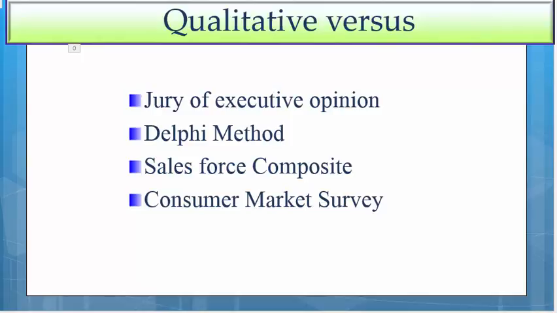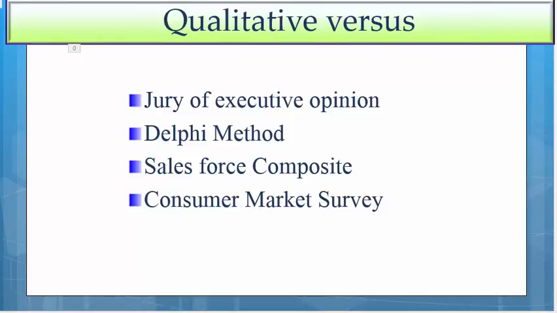So let's start out with the jury of executive opinion. The jury of executive opinion is a group of high-level people, often executives, that considers the opinions of these experts, these executives, and takes into account some statistical models. Ultimately, what they come up with is a pooled opinion, if you will.